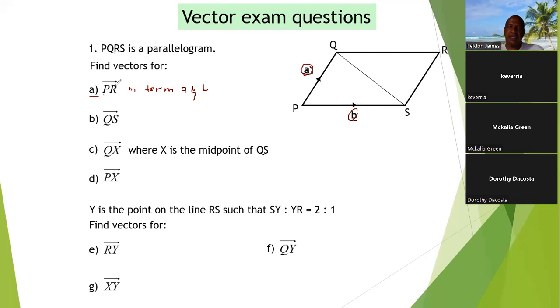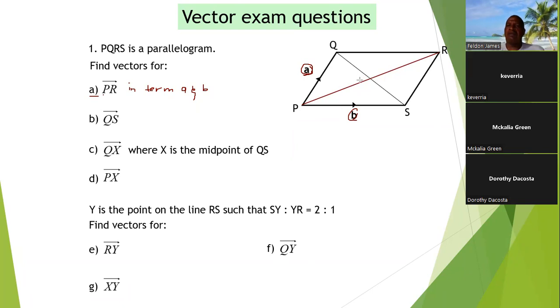Now, if you are to find PR, you would start at P, a line starting at P, going right to R. So the line PR would start at P, and it would go all the way to R. That's PR.